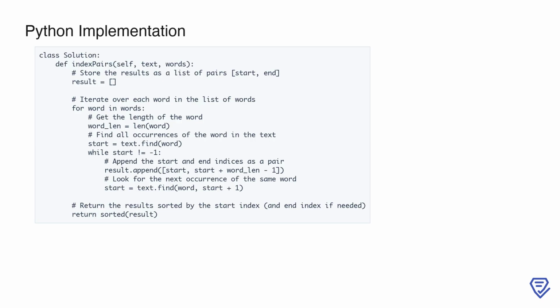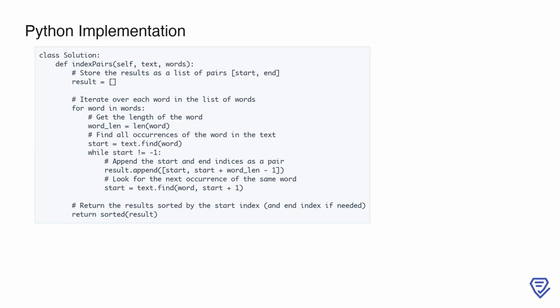Edge cases. If words is empty, the function returns an empty list immediately. If none of the words in words match any substring in text, the result list remains empty, and the function returns an empty list. The function handles overlaps correctly by using text.find iteratively for all occurrences of each word.